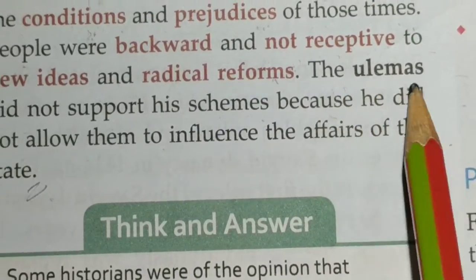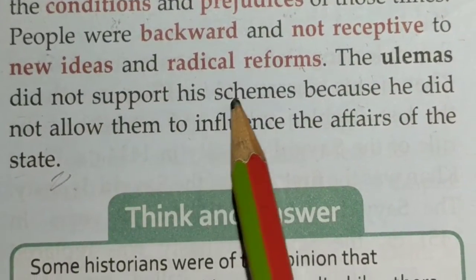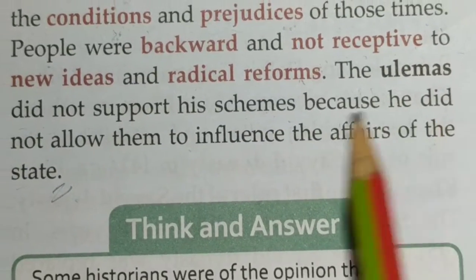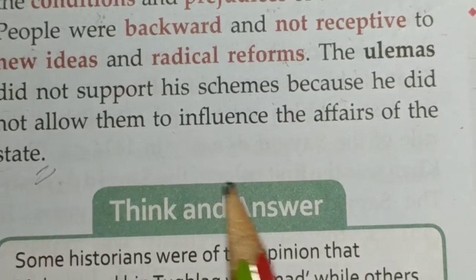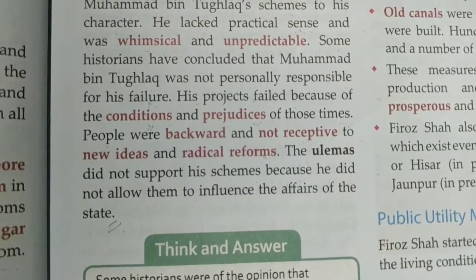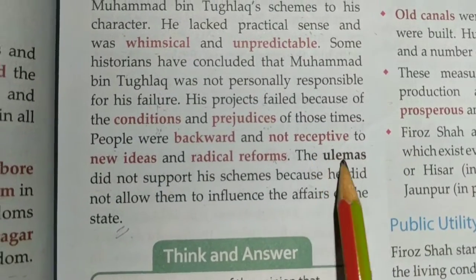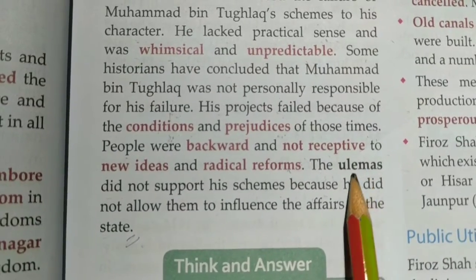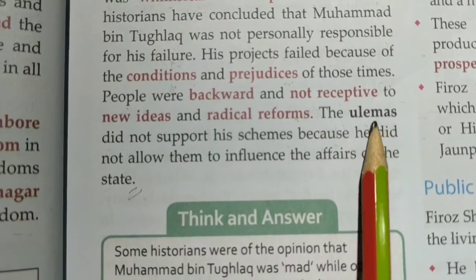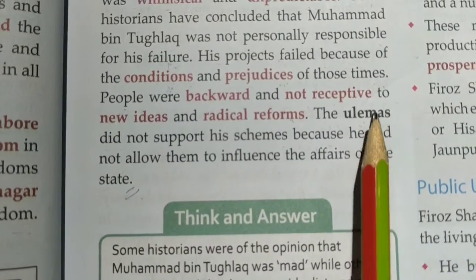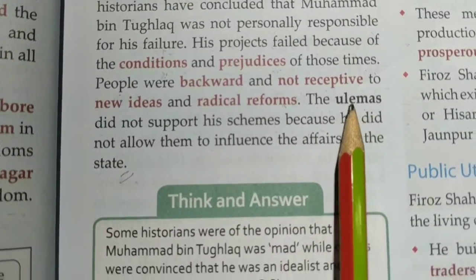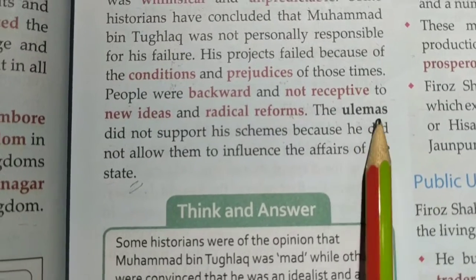Next, the ulemas did not support his schemes because he did not allow them to influence the affairs of the state. Now, who are these ulemas? The ulemas are the learned people. And they had wide knowledge of Islamic rules, law and ideology.